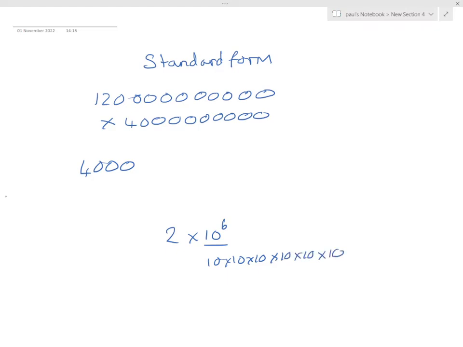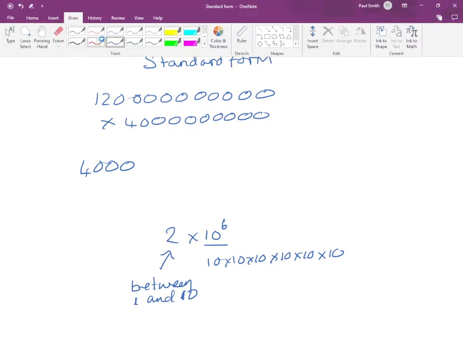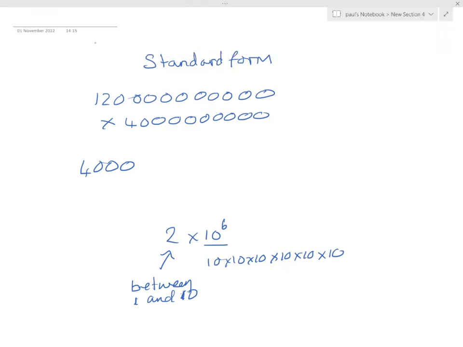And this number is always between 1 and 10. It actually cannot be 10 because it must be a single digit. So it's 9.99.